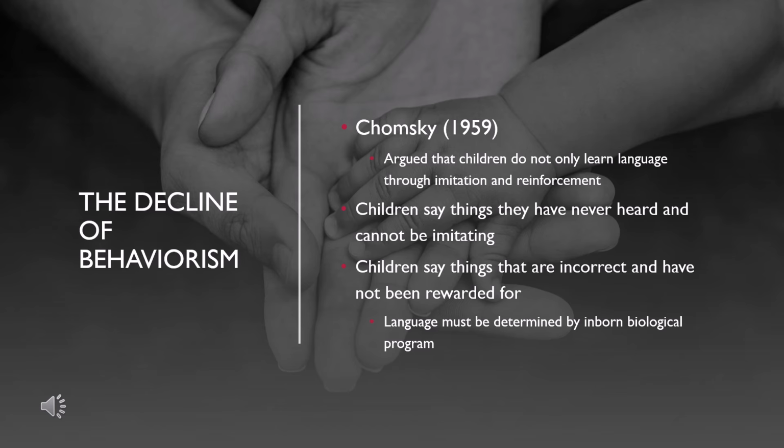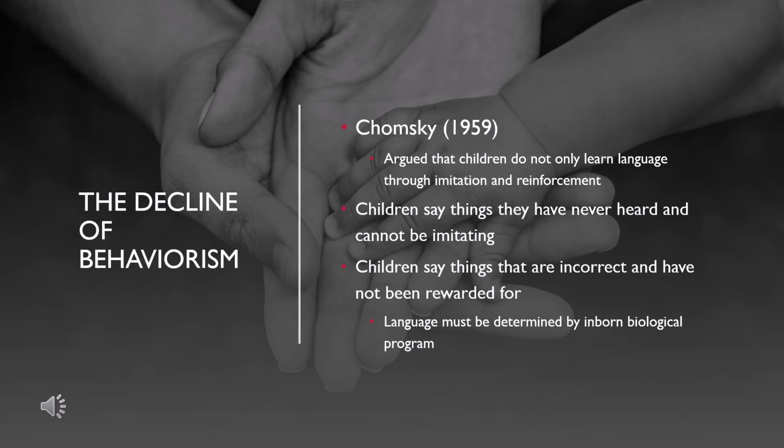Chomsky argued a little bit different than Skinner and thought that children don't only learn language through imitation and reinforcement, but they also say things that they've never heard. And so if they're saying things they haven't heard, that can't be imitating then, right?